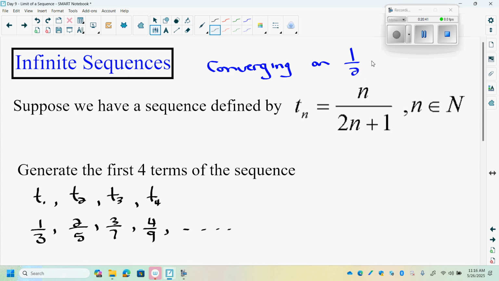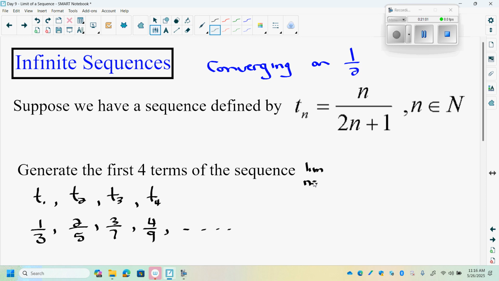Okay? Remember the shortcut we talked about a few months ago. If the degree of the denominator is the same as the degree of the numerator, you can find the limit by dividing the leading coefficients.